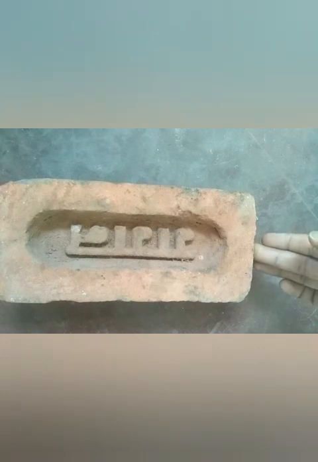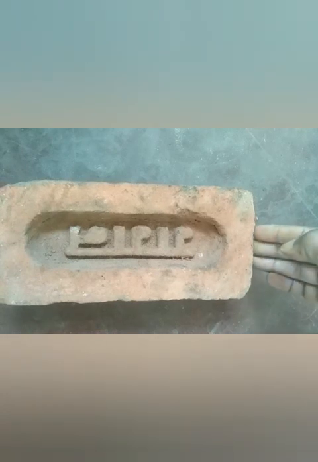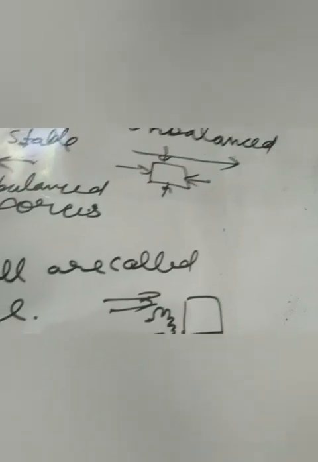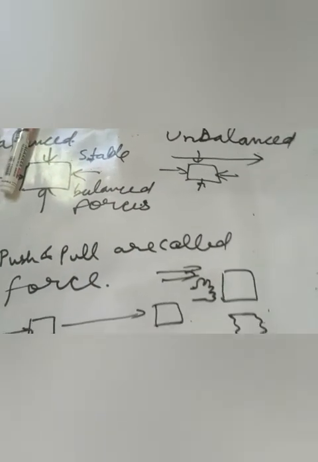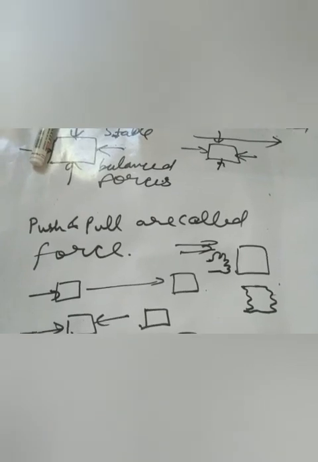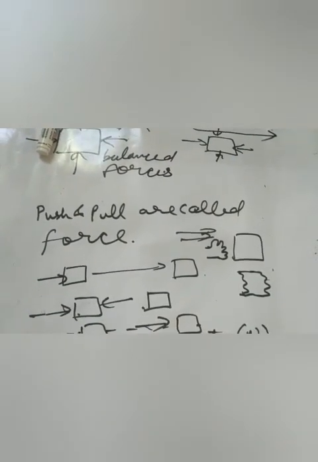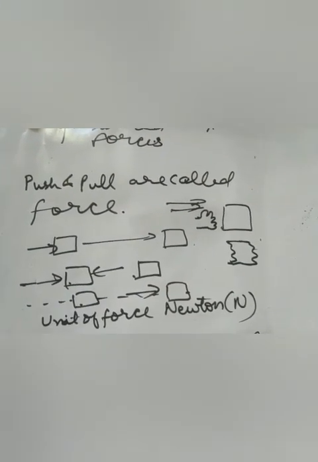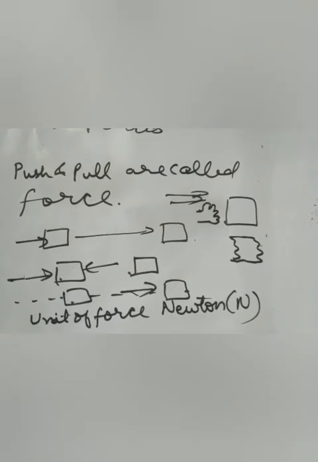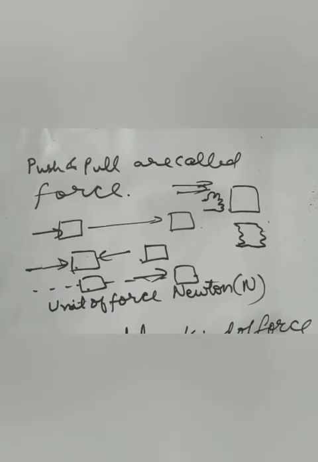If I cross that barrier of frictional force, if I apply a force more than the frictional force, now these forces are unbalanced forces. So unbalanced forces are responsible for the motion of an object, and that's all for this introductory topic on forces.